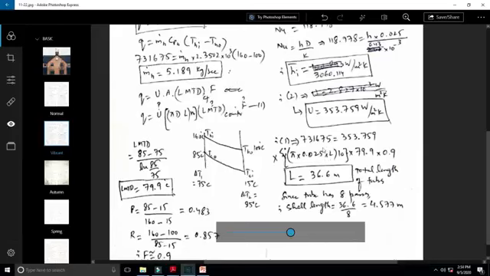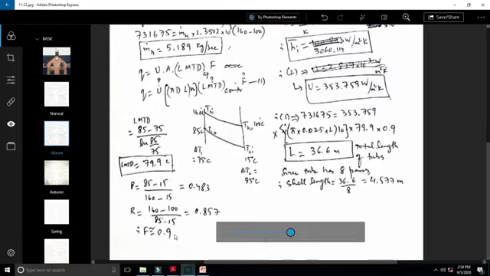So pi times diameter of 25 millimeters times L, which remains the unknown, and there are 10 such tubes, times the log mean temperature difference. The log mean temperature difference was calculated as 79.9 degrees Celsius, and times the correction factor, which was calculated as 0.9, or 0.89 if someone gets a little less than 0.9.